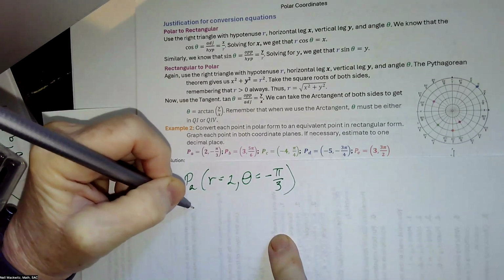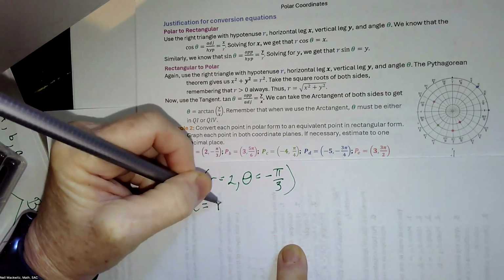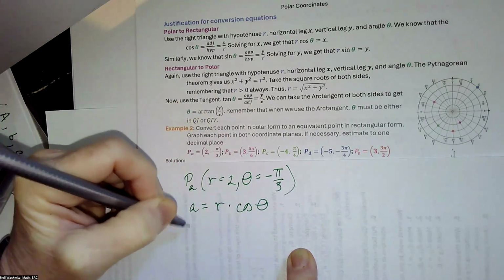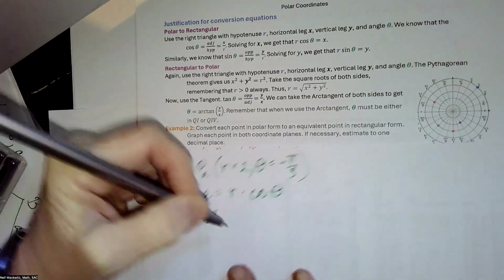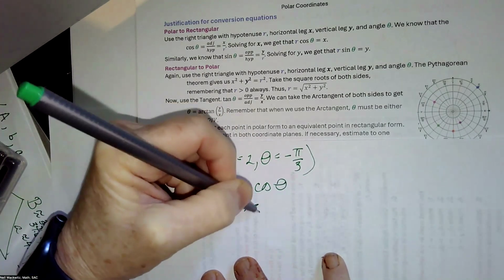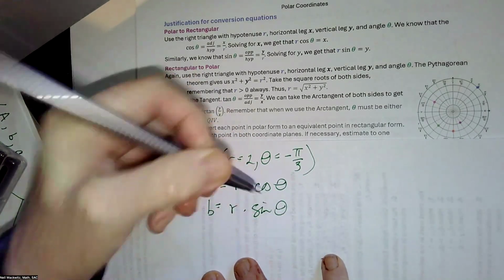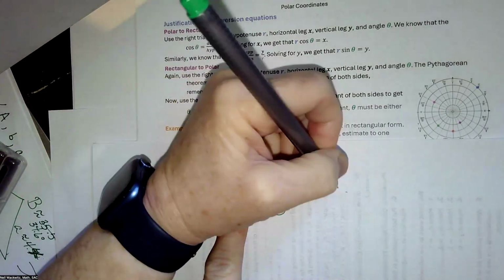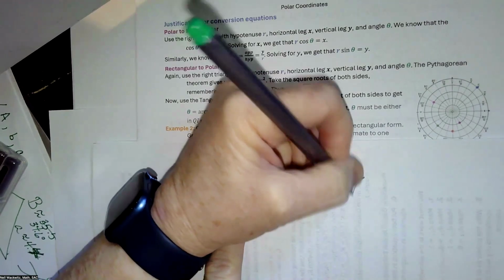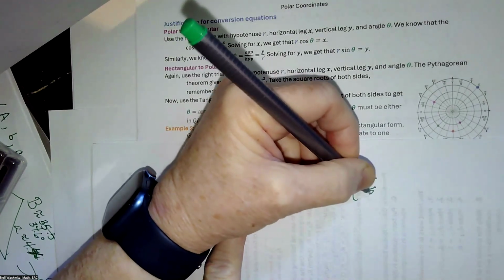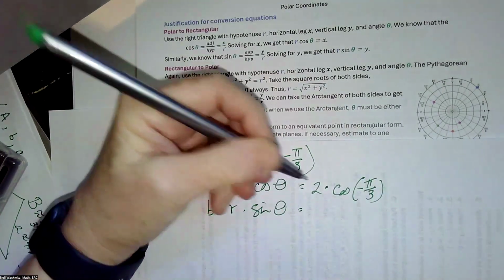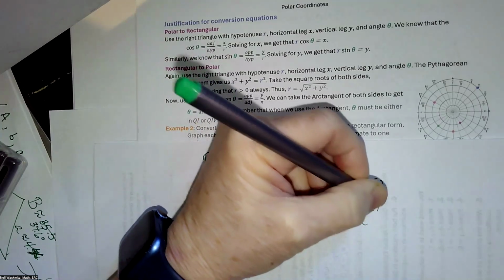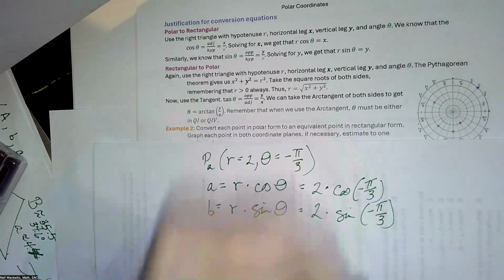I know that the x coordinate will be r times the cosine of theta, and the y coordinate will be r times the sine of theta. So we'll have 2 times the cosine of negative pi over 3 and 2 times the sine of negative pi over 3.